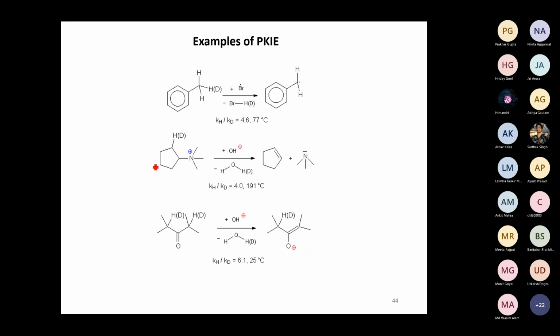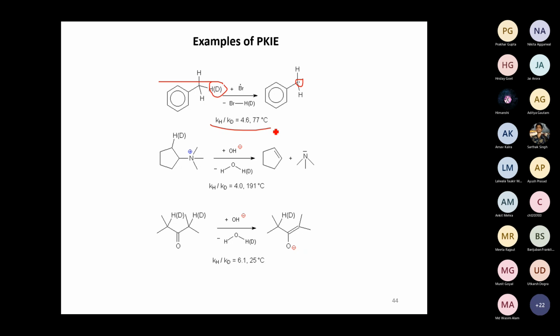You can see here, these are radical mechanisms. For toluene, CH3, if you have NBS, a bromine radical in light, it can generate a radical. If you replace H with D, you may see kH by kD is 4.6. What does it mean?